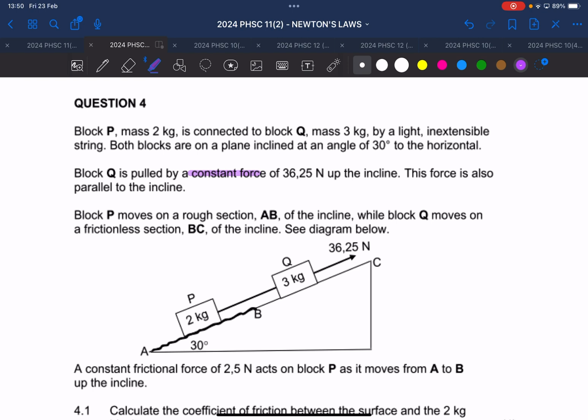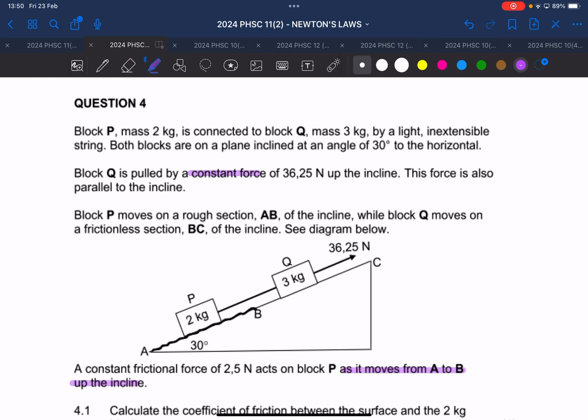Yes, ma'am. No, louder. One way to think of it is, you're pulling an object at a specific force, but the object is too heavy to move. No, but it's not stationary. It is moving. They say as it moves from A to B up the incline. So it's moving.